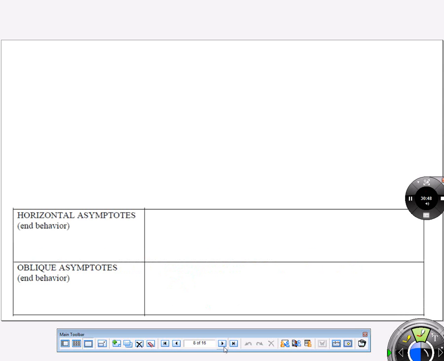All right, horizontal asymptotes. We just talked about them. How do you figure out where the horizontal asymptote is on your function, based on all the investigation and patterns we just looked at? CJ? Conceptually, we're looking for a limit, a number that all the points are approaching.